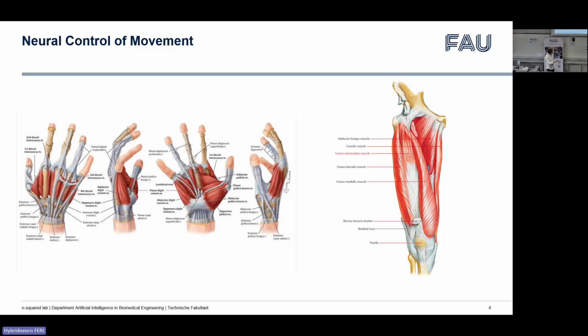The first reason is that the vasti muscles, which are synergistic muscles in the leg that control the extension of the leg, so they do this movement, are connected to the bones through the patellar tendon. They share the same tendon. So in this biomechanical arrangement, you have to imagine that they project forces in the same direction. And they also receive input from the Golgi tendon organs that are located there.